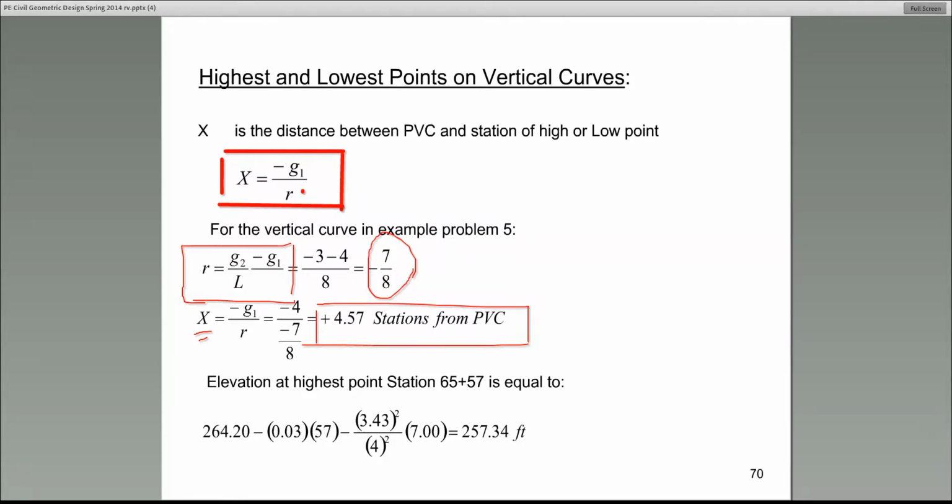I need for you to pay attention and understand what this X is. This is not the elevation. This simply tells you how far away in terms of stations is the point that contains either the highest or the lowest elevation. So this equation just helps us locate that high point or low point.